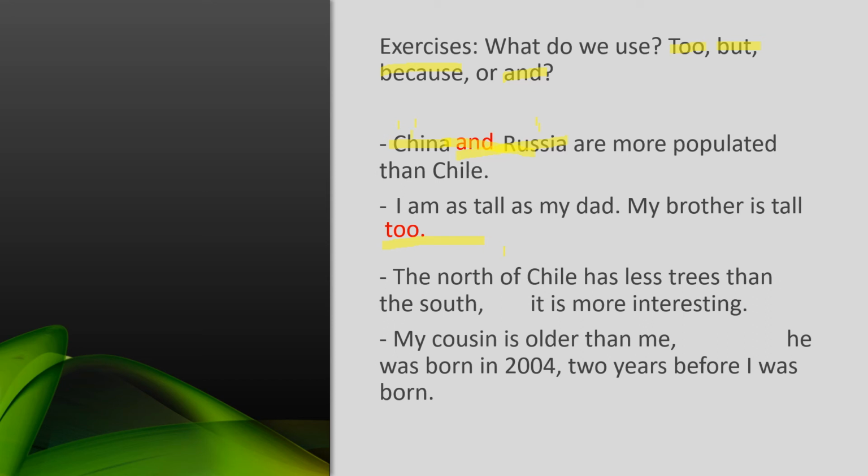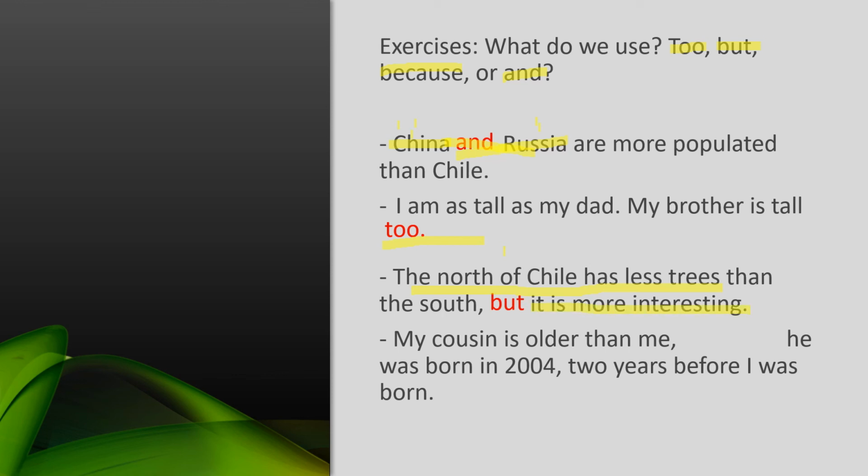Now we have: the north of Chile has less trees than the south. It is more interesting. What do we write here? We have to analyze. We are saying that the north of Chile has less trees than the south, but it is more interesting.